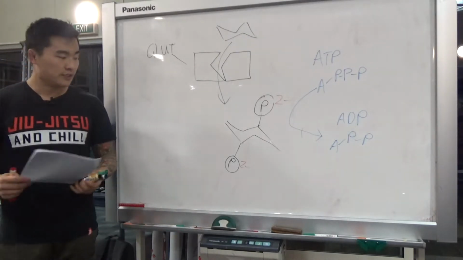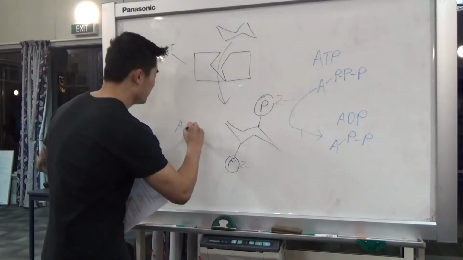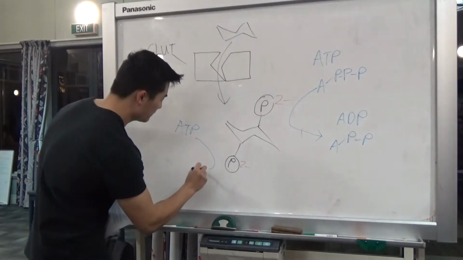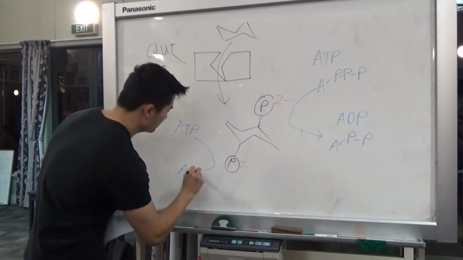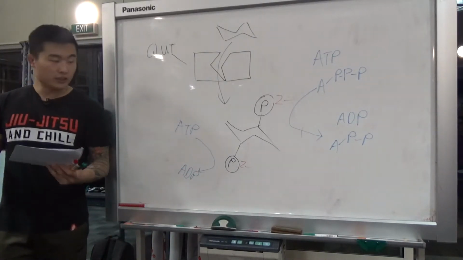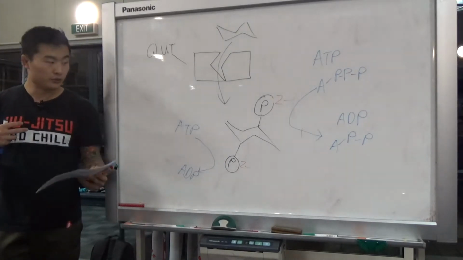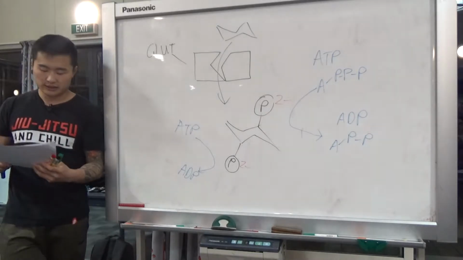That's using up another ATP, so the activation step uses 2 ATP. Then you're going to turn that 6-carbon molecule into 2 3-carbon molecules.